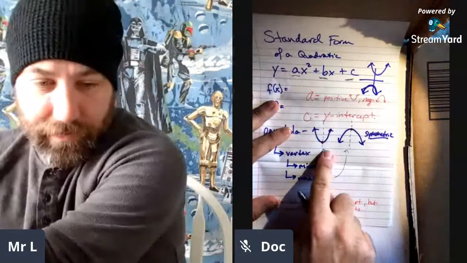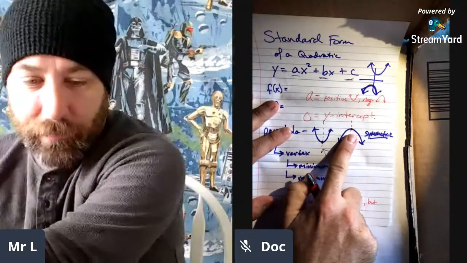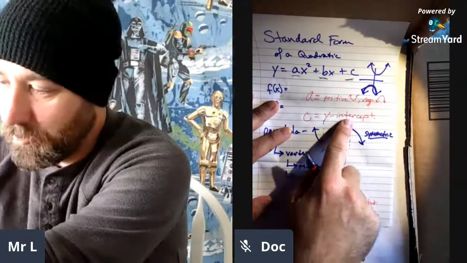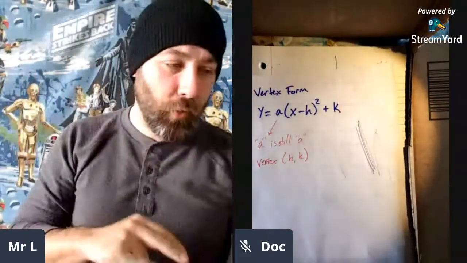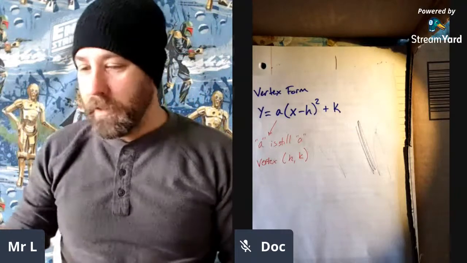But remember, the vertex of the parabola is either the minimum or the maximum point. It's where the line of symmetry goes through. It is an important point in every parabola.